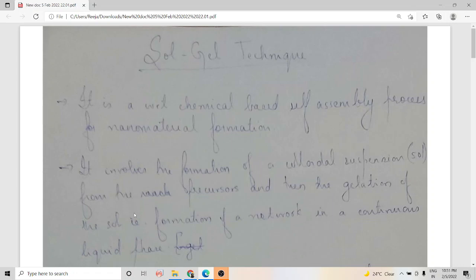This gel then can be converted into different types of nanostructures depending on the method that we follow after the gel formation.